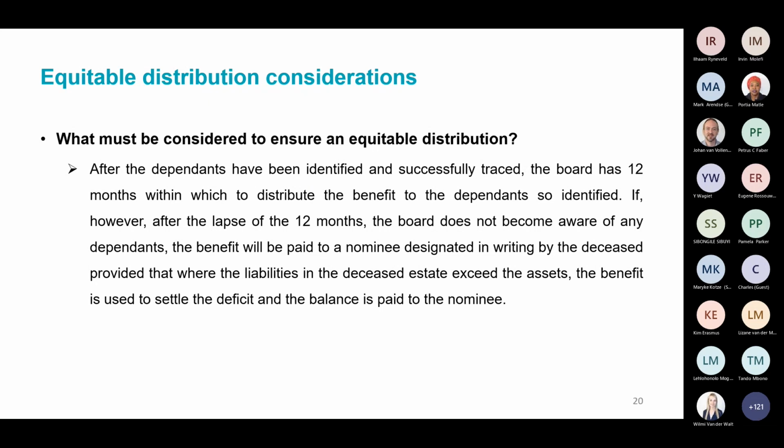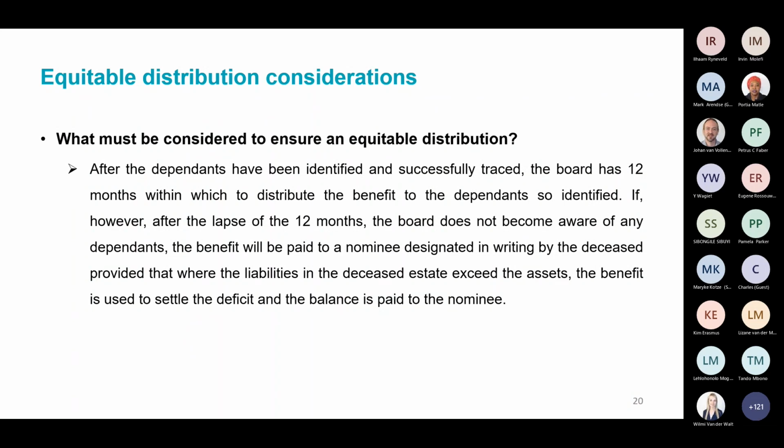Moving now to the equitable distribution considerations. What must be considered to ensure an equitable distribution? So as you know, firstly, you have to identify your dependents, and after they've been successfully identified and traced, the board has 12 months within which to distribute the benefit to the dependents so identified.